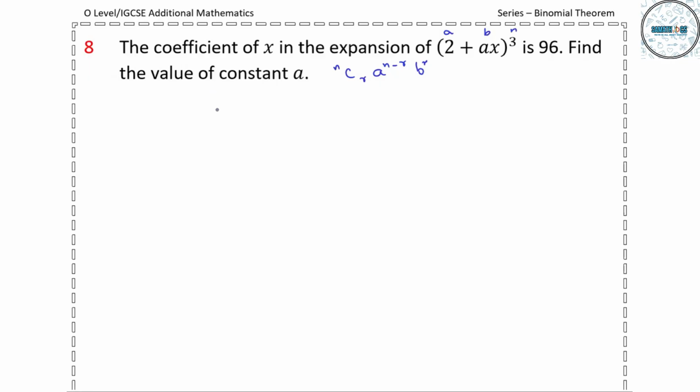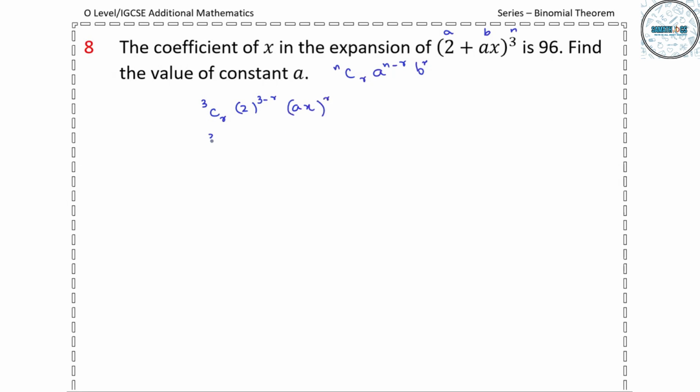So when we will substitute these values in the formula, we will get 3cr 2 power 3 minus r, ax with power r.